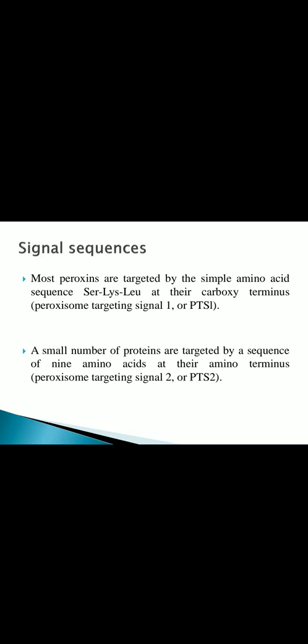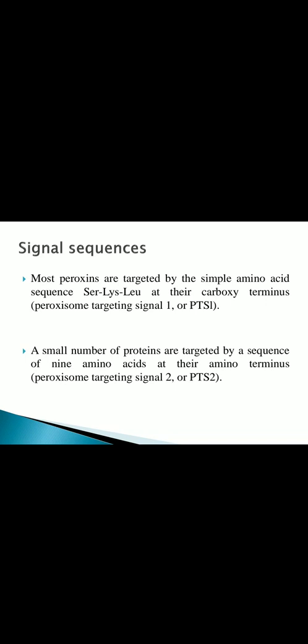So when the polypeptide chain at its carboxyl terminal has the sequence of serine, lysine and leucine, then this polypeptide chain is sent to the peroxisomes.